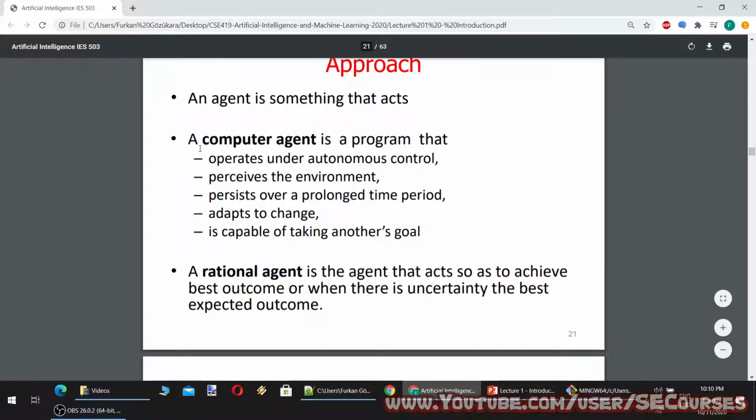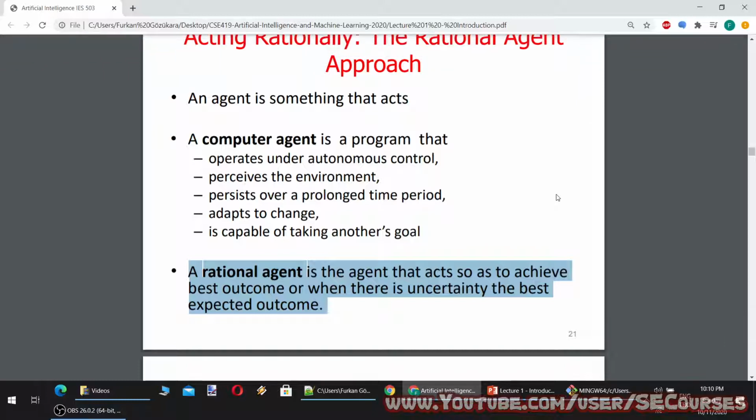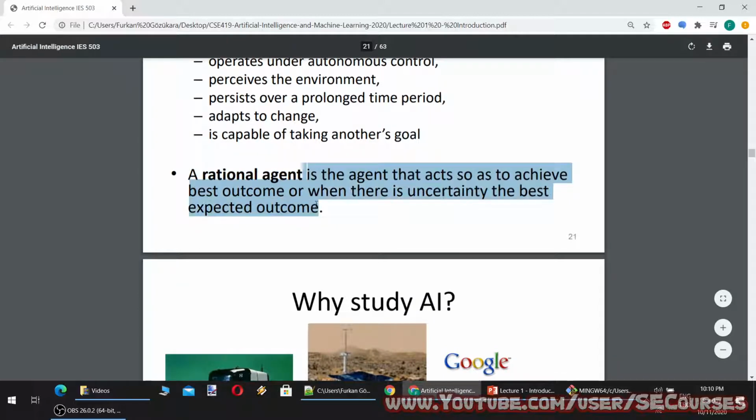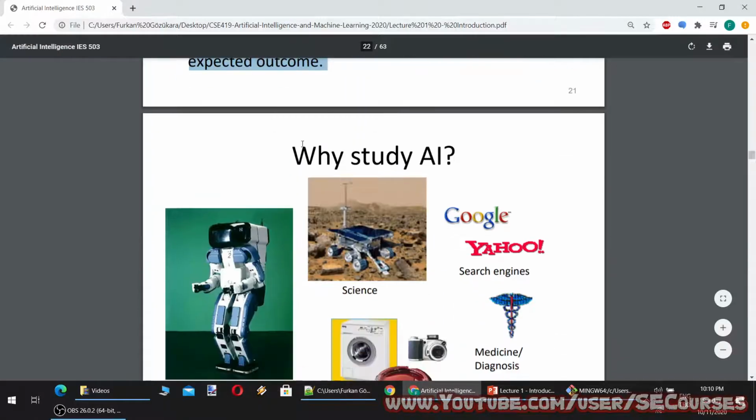So these are the features of a computer agent. A rational agent is the agent that acts so as to achieve the best outcome or, when there is uncertainty, the best expected outcome. So this is the goal of the agent.